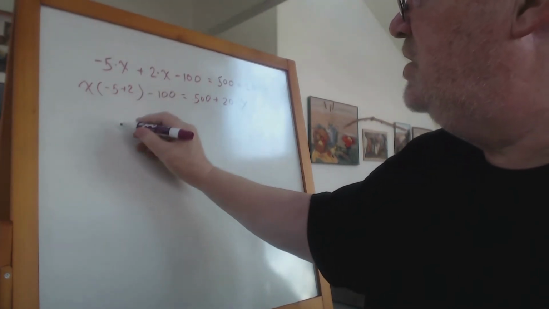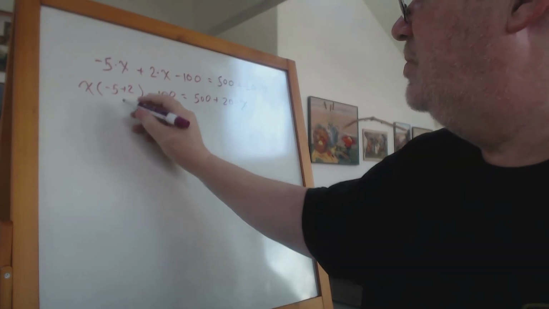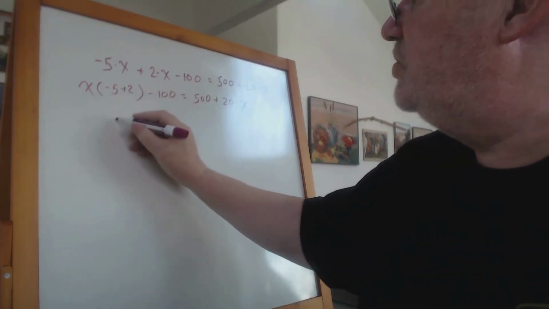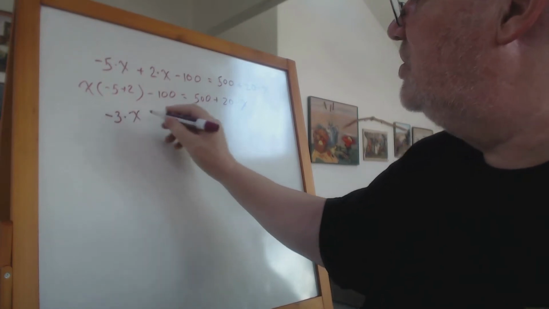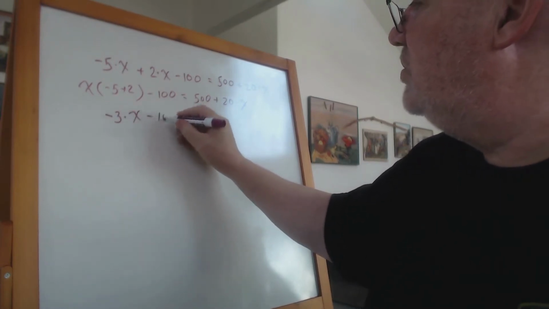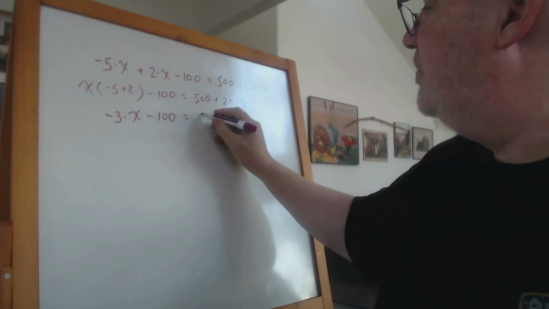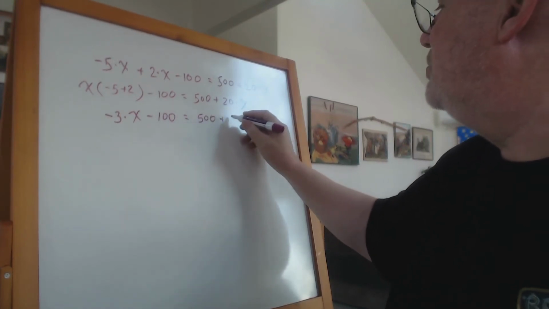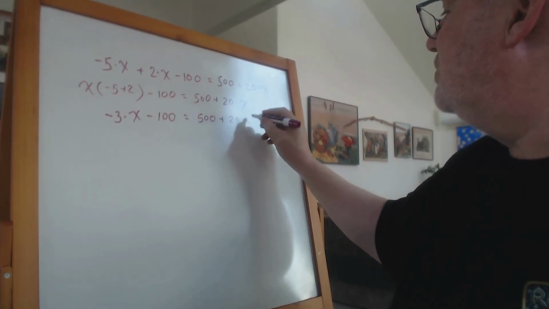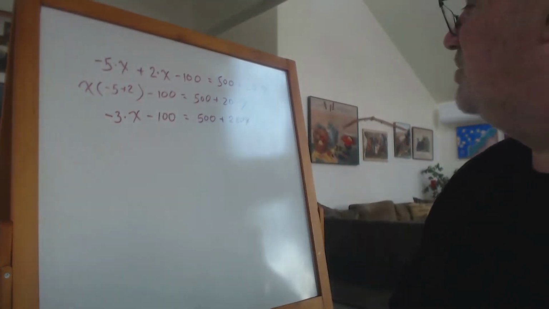So that is minus 5 plus 2 is minus 3 times x minus 100 equals 500 plus 20x. 20 times x.